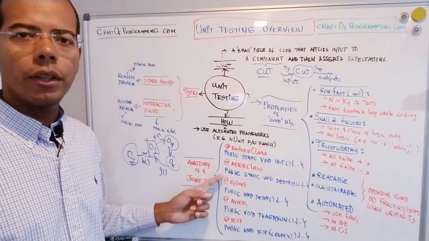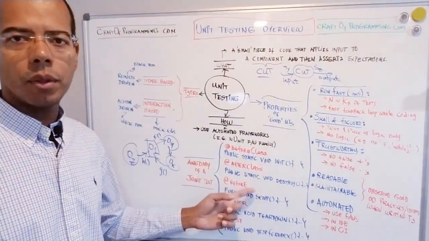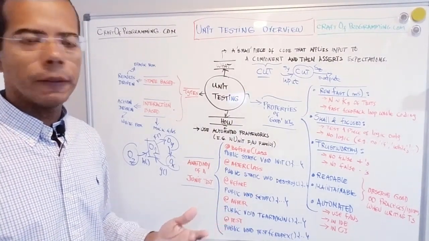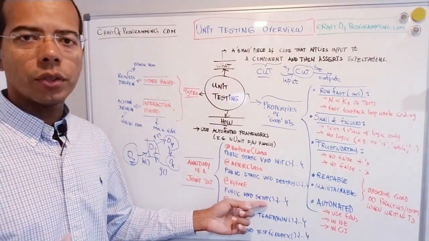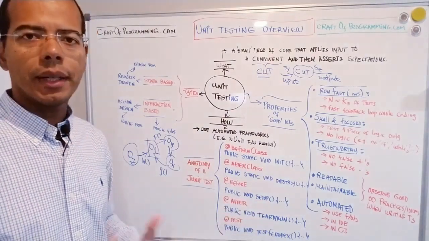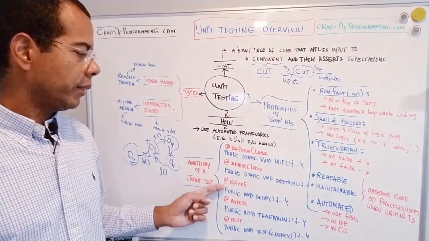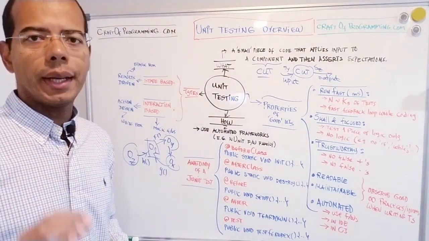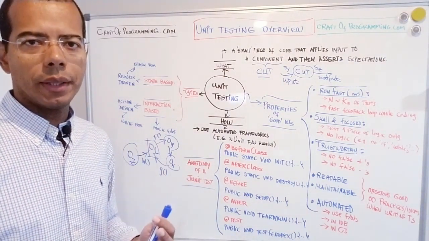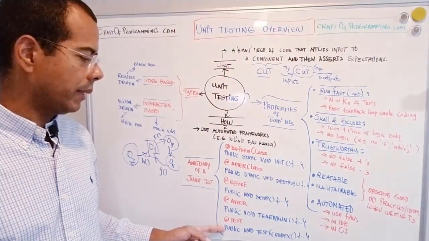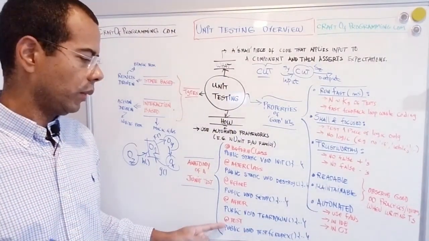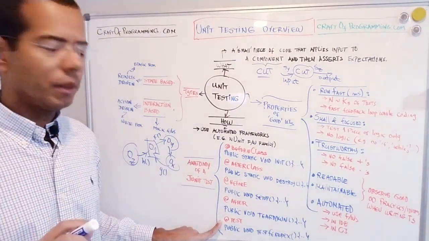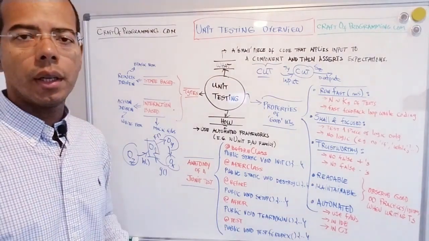Before and After annotations are applied to instance methods, public void instance methods. Again, the names don't really matter. By convention and for historical reasons, they are called setup and teardown respectively. And these two methods are called before and after each of the test methods respectively. So a test method is tagged with the Test annotation, and again, a test method needs to be a public void method.